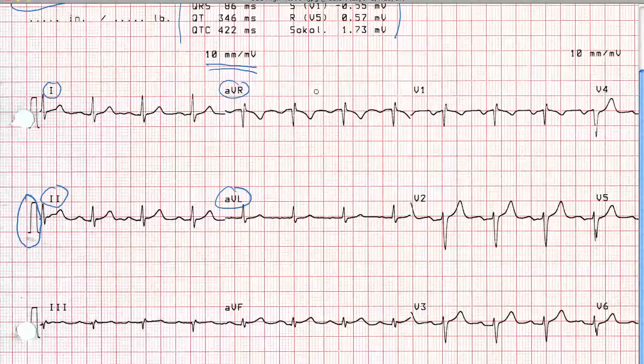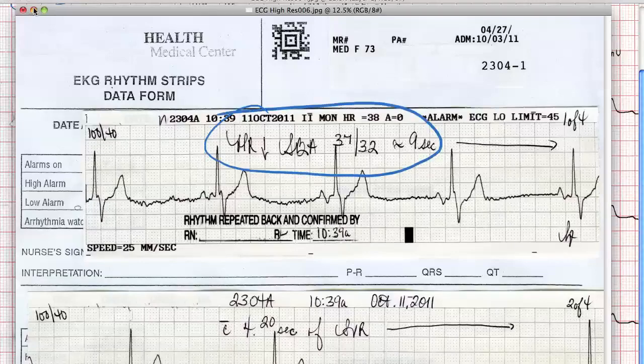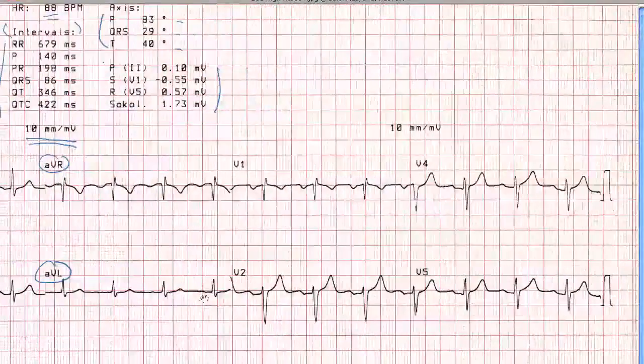But the one thing I want you to understand is that regardless of what you actually read on the ECG in terms of what the computer prints out, you always have to remember one thing. Never believe anything you read on an ECG, whether it's written by a nurse or a technician, or whether it's actually printed on the cardiogram in terms of an interpretation.